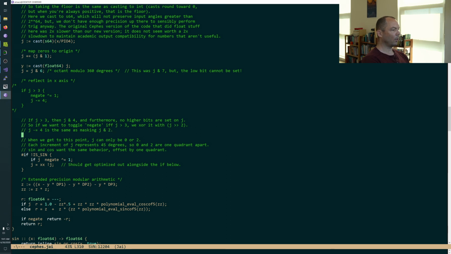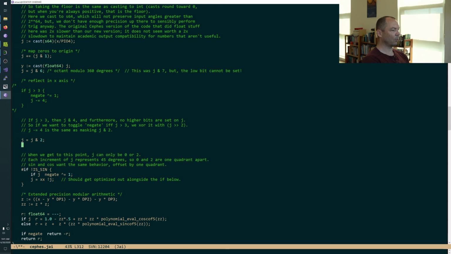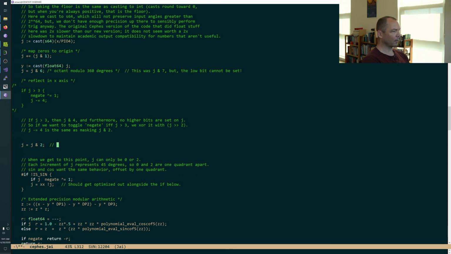Okay, this is going to be weird now because we're going to AND it by 6. We're going to use that bit and then AND it by 2, right? So j equals j and 2, but we're going to go negate XOR equals j right shift 2. Yeah? Sounds right.